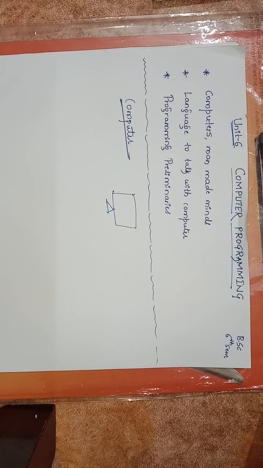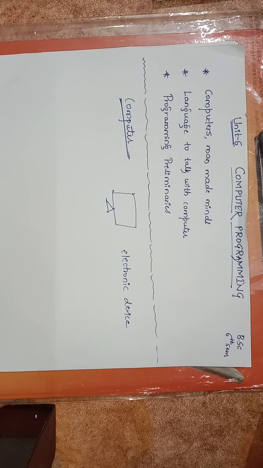Why is it used? It is used to perform many tasks. Which tasks? Computational tasks. So we can define that the computer is an electronic device that is used to perform computational tasks. Understood? This is the definition of the computer.